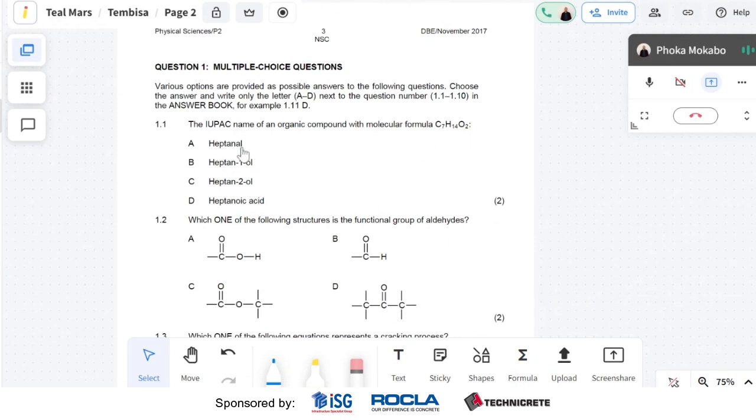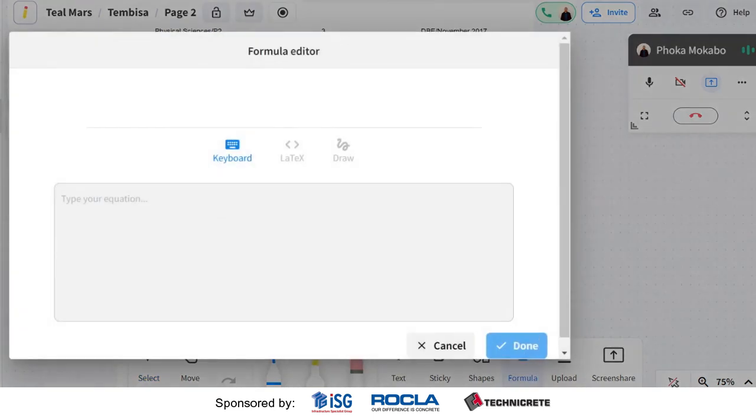There'll be a specific formula for aldehydes and ketones, a specific formula for alcohols, and a specific formula that will fit all kinds of carboxylic acids, right? So let's start off with heptanal.